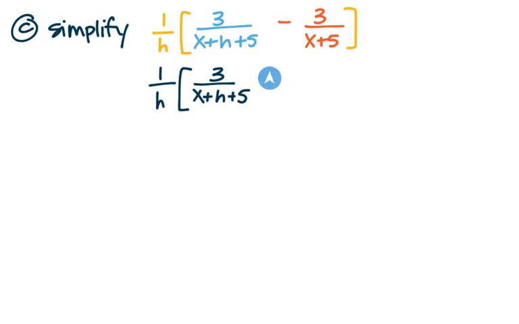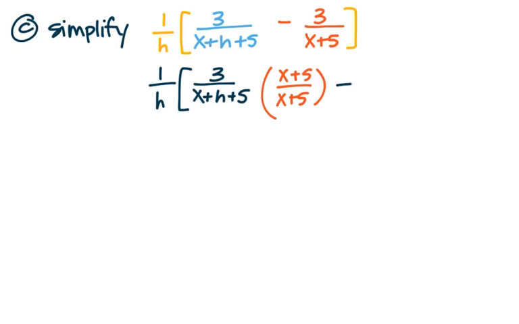I'm going to multiply this first fraction by 1. 1 is any number over itself, and I'm going to choose that number by the other denominator. So I'm going to say x plus 5 over x plus 5.